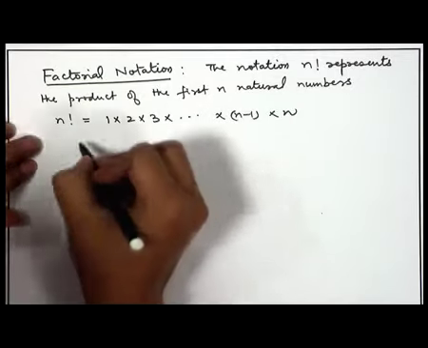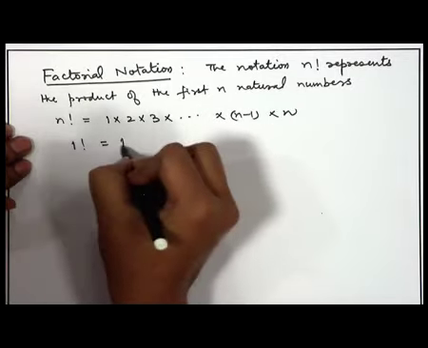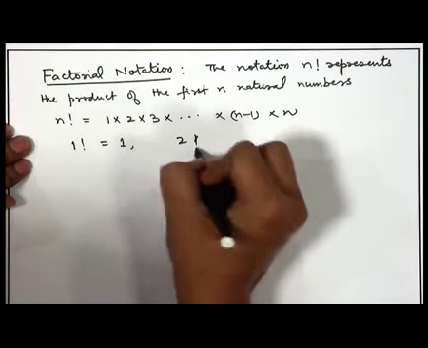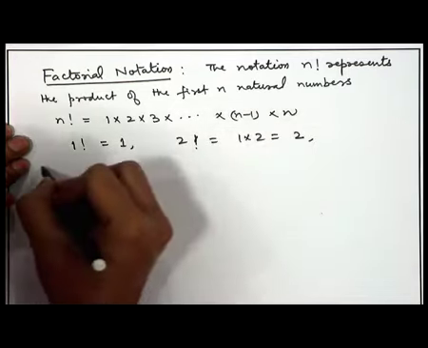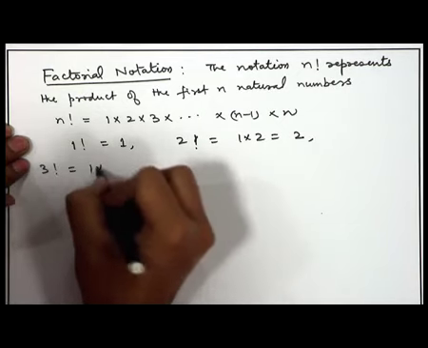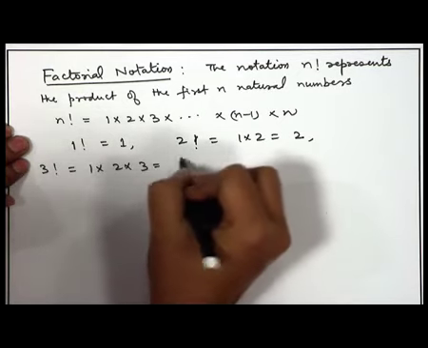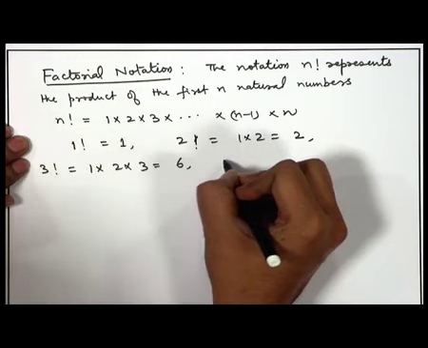So, for example, we say 1 factorial is equal to 1, 2 factorial is equal to 1 into 2, that is 2, 3 factorial is equal to 1 into 2 into 3, that is equal to 6, and so on.